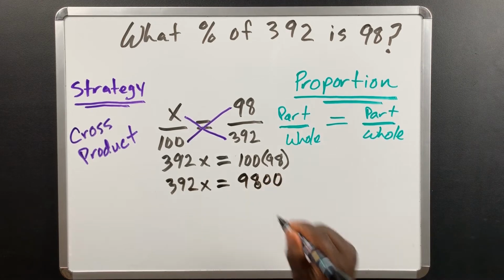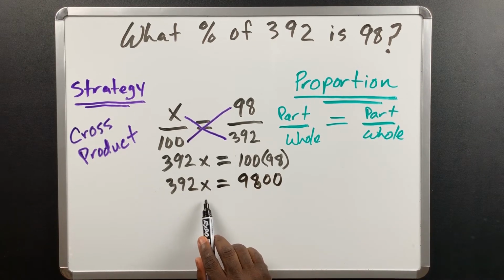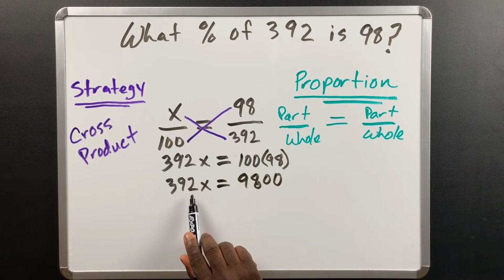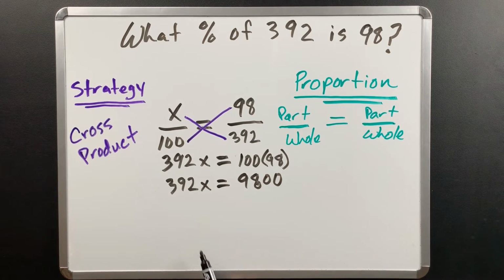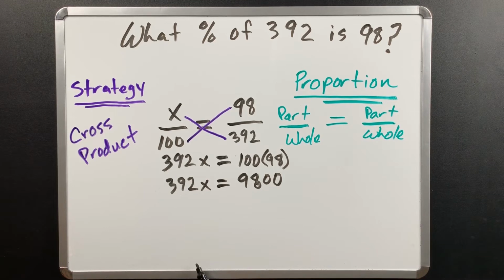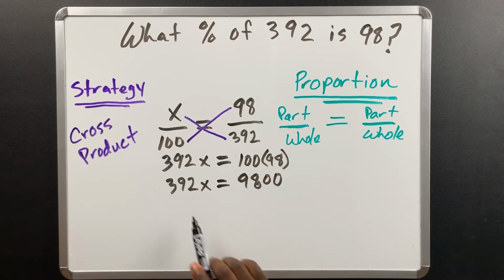9800. Very good. Now, we need to isolate this variable x. We have a coefficient of 392. Remember, the coefficient is the number in front of the variable. The opposite of multiplying 392 times x is to divide x by 392.